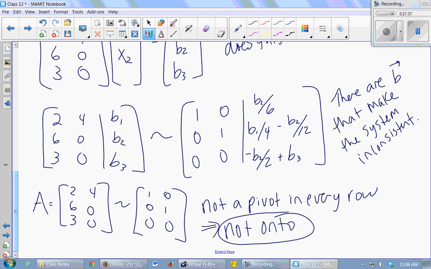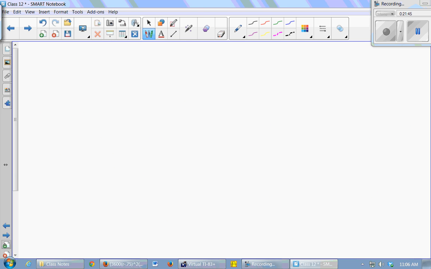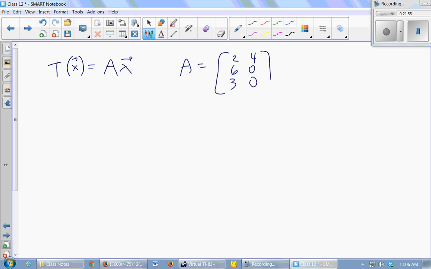Okay, so let's look at the same matrix, 2, 6, 3, 4, 0, 0. Same matrix transformation. We're going to see if it's 1-to-1. So T of x equals AX, where A is 2, 6, 3, 4, 0, 0. Okay, so 1-to-1 we can say that there's at most one solution. Either there's none or one.